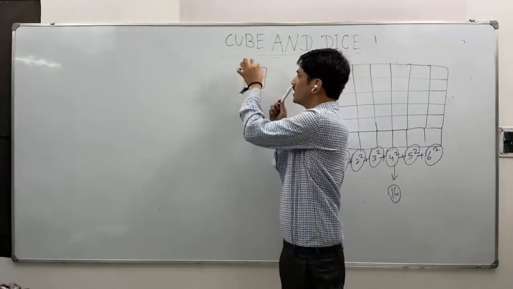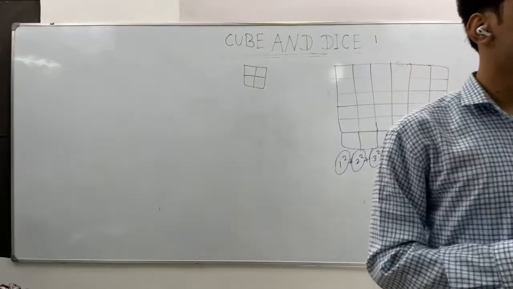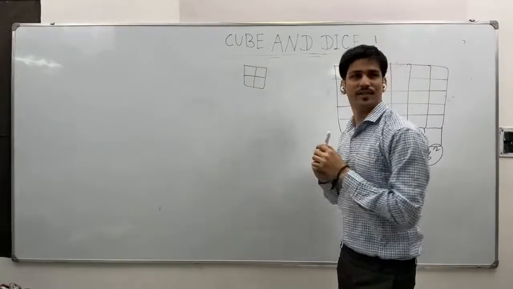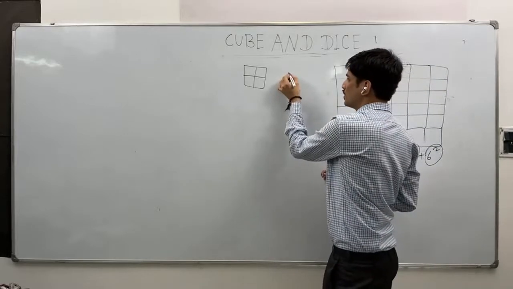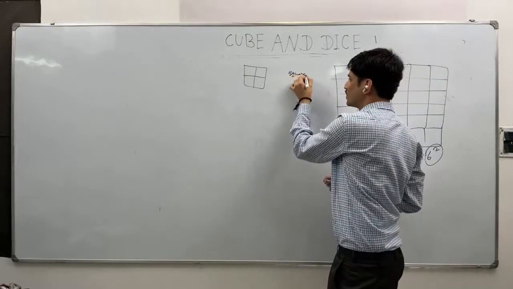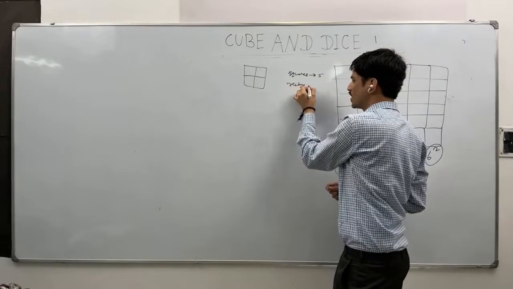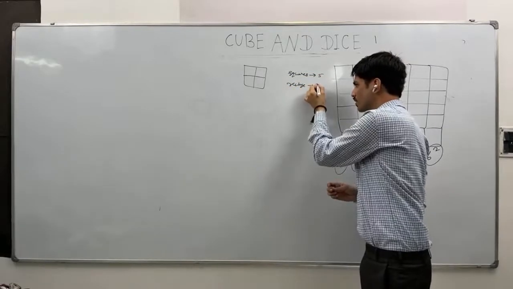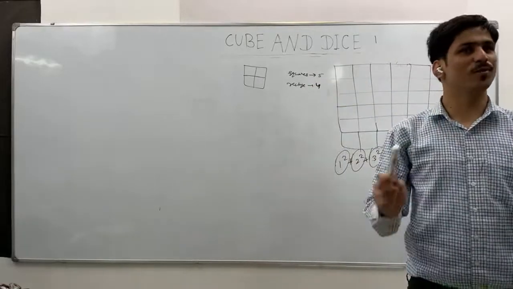No, you see, consider this 1, 1, 1, 1. Each is 1 unit length. How many squares are there? Squares are 5. Rectangles are 4 only. Okay. This one is fairly simple. You can easily count. Now I'll make it a little complicated.